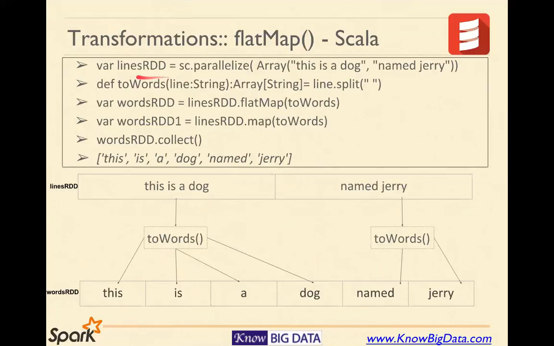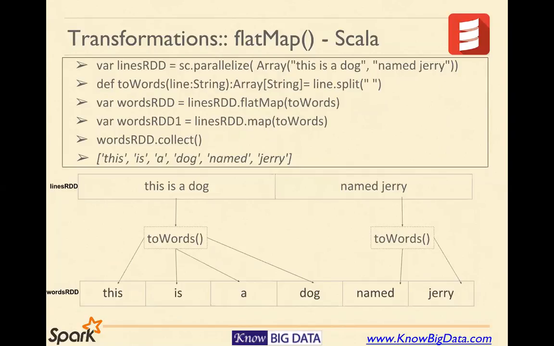So what is it that we are trying to do? We loaded this data, whereby we have got two records. Then we executed this one, which converted the lines into words, so flat map converts one record into many records.